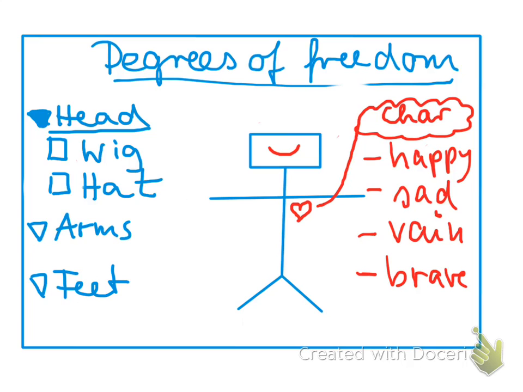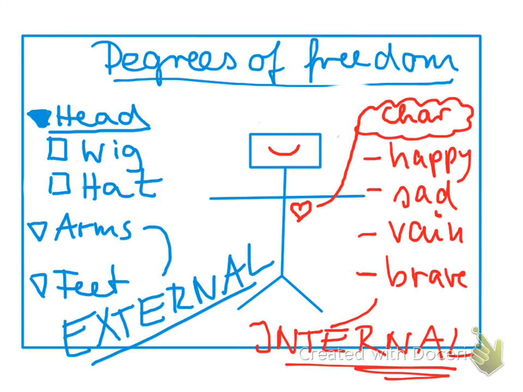What I'm getting at is that the degrees of freedom that correspond to the character are the internal degrees of freedom, whereas the other ones are external, in the way that if you took this whole figure and rotated him around like that, that makes a change in the external world.